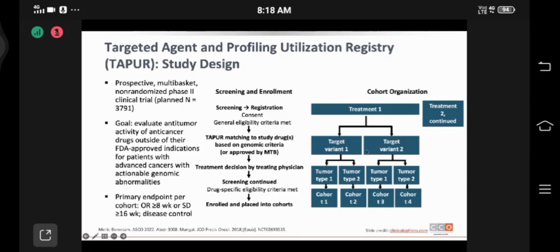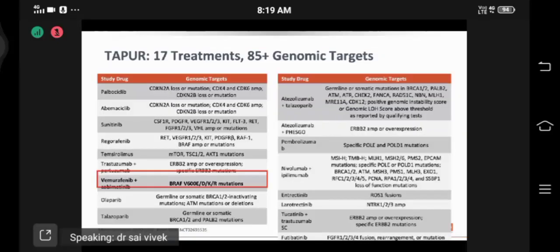And look at the study design. They're just taking one treatment and doing a CGP, finding out what mutation is causing it, and in different tumors they're separating the patients into different cohorts based on the genomic alteration they found. So if you look at the TAPUR study, there are 17 treatments.